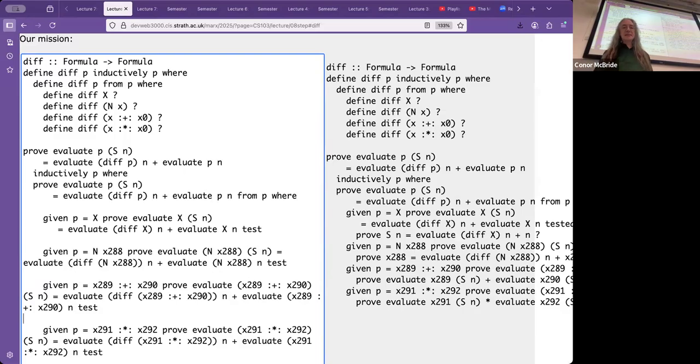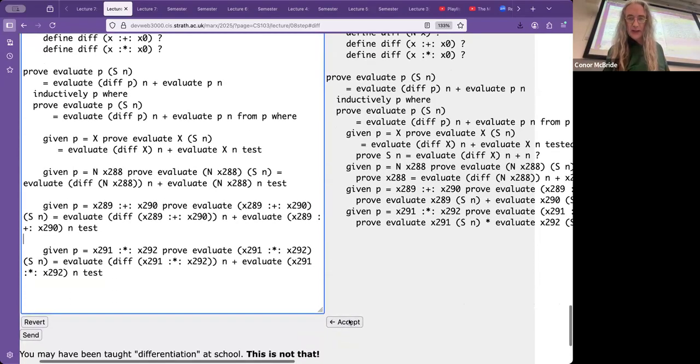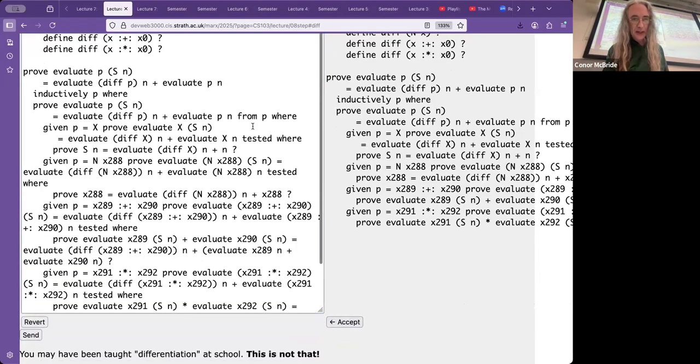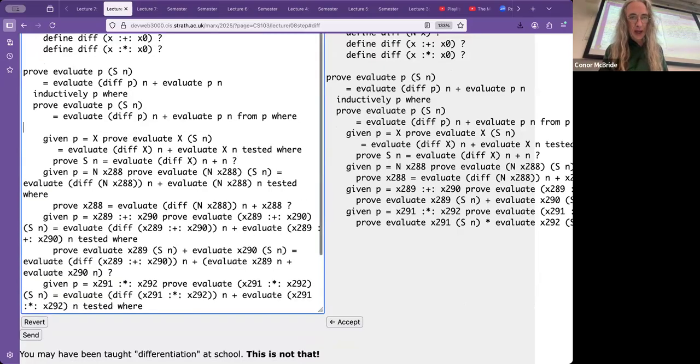We have to fix the definition so that these equations are provable. I should say, actually hit accept, and then, yes, I didn't hit accept. That was silly of me. Now I'll space them out.